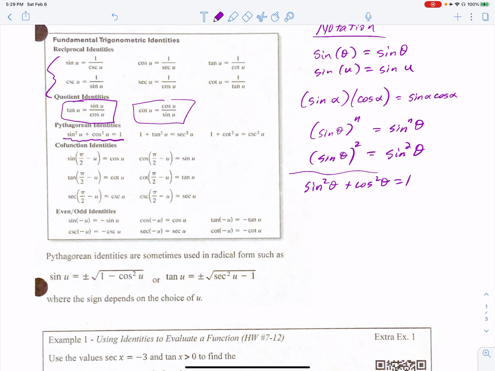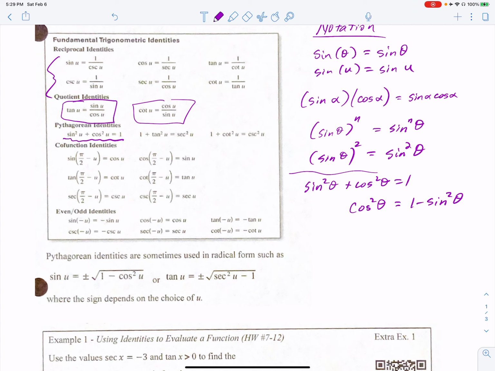It's related to the whole a squared plus b squared equals c squared, which is why it's called the Pythagorean identity. You're going to need to recognize these in different forms. For example, if I solve this for cosine squared theta, I move the sine squared to the other side, and cosine squared theta is 1 minus sine squared theta.